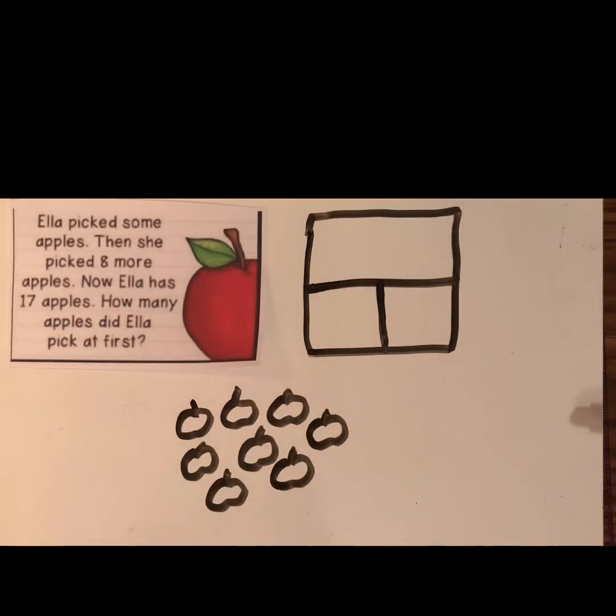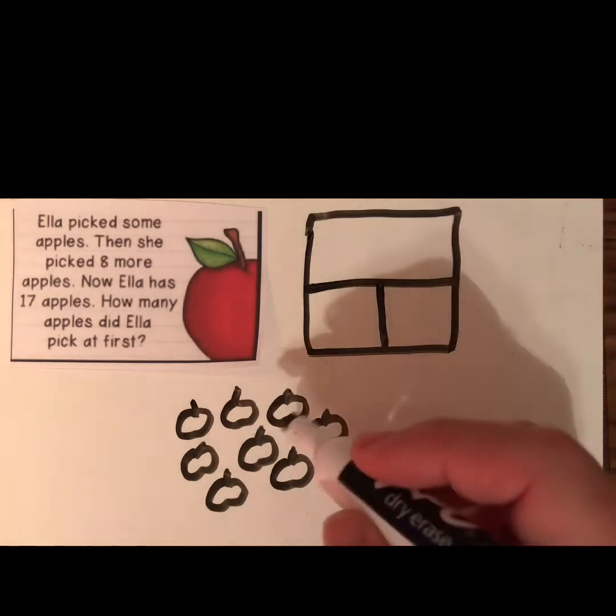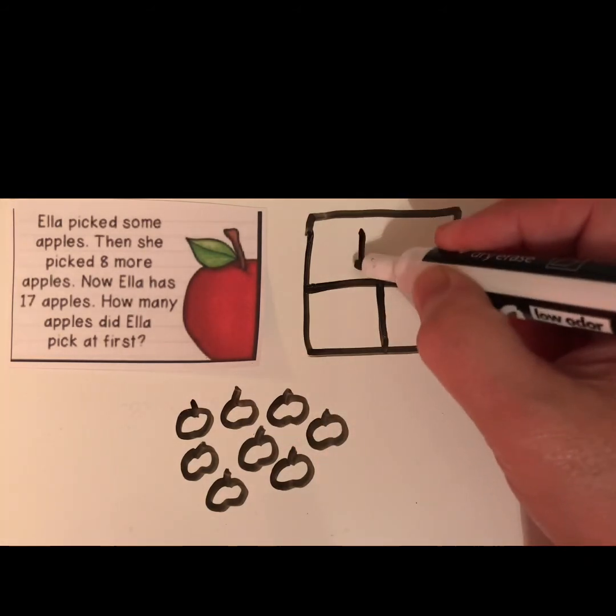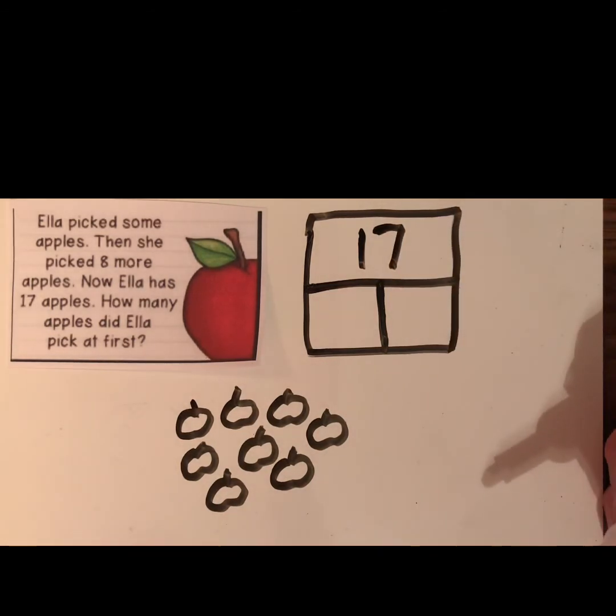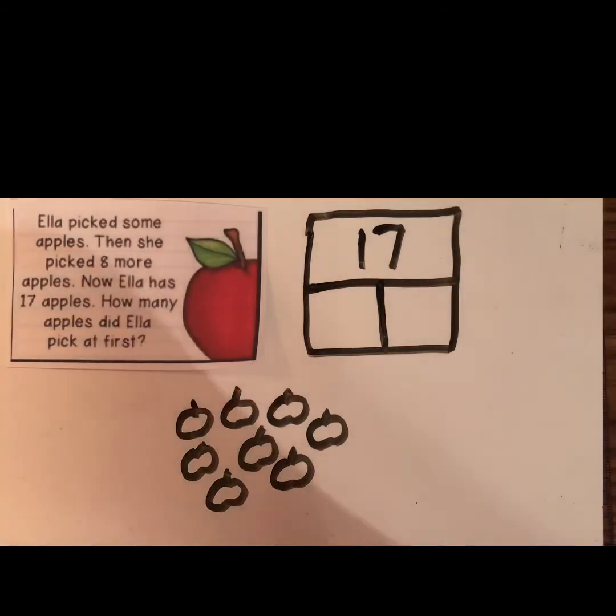Those are the 8 apples more that she picked. Now she has 17 apples. So that just tells me the total. Can you figure out how many apples did she pick?